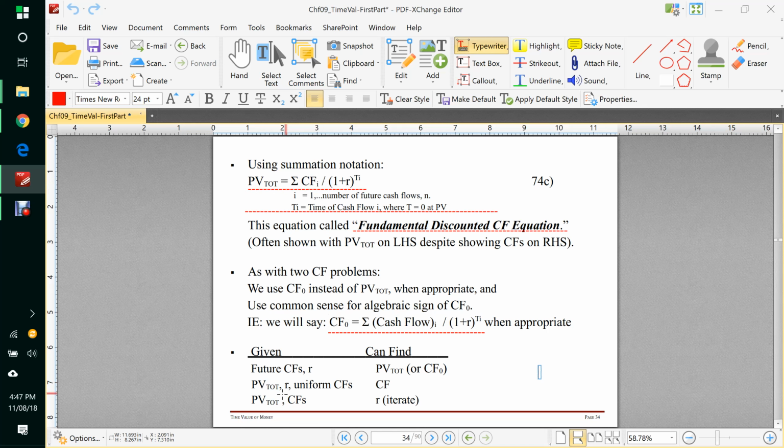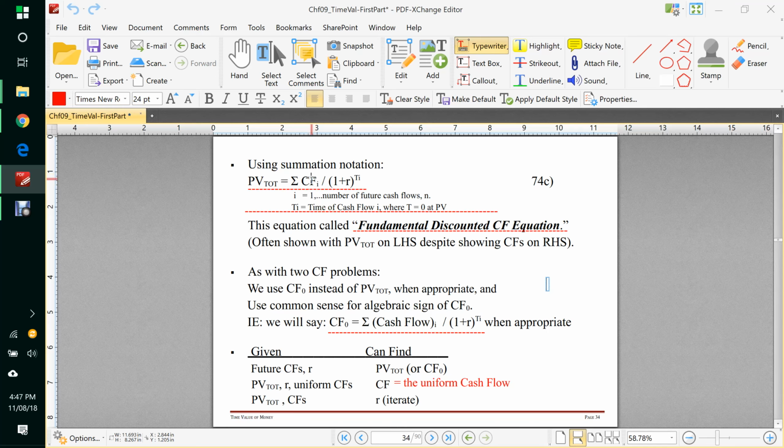If, on the other hand, we know PV tote and the interest rate, and we know the cash flows are uniform, then we can compute that uniform cash flow. Why is that? Well, let's look up at this equation. If they're all uniform, CFi is equal to CF, which is equal to a constant.